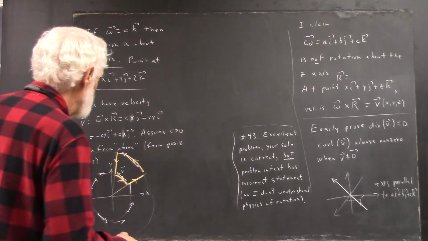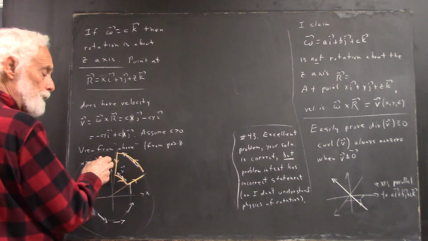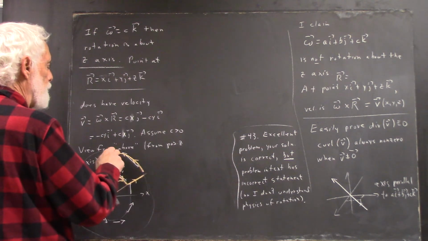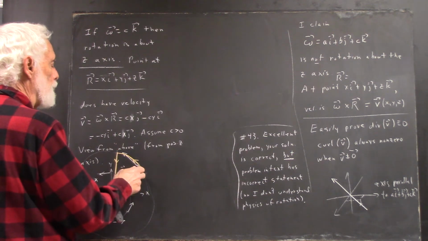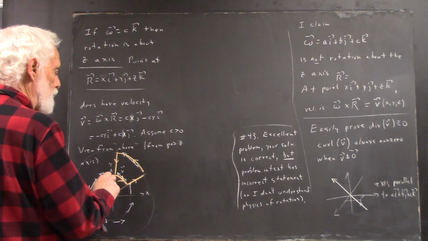Okay, so that you have zero along this path, zero along this path. Along this path, the path is both longer and the magnitude of the vector field is greater along this path than along this path.